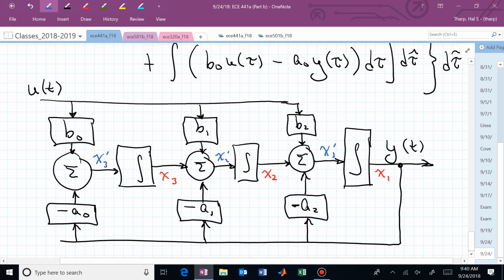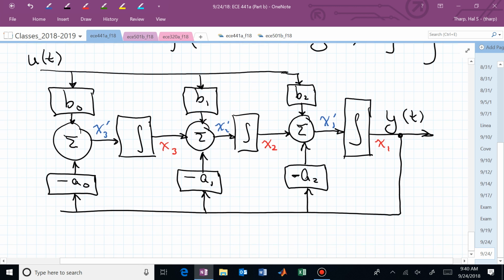Here it's the first derivative of x sub 3. And now I actually have a strategy for writing equations for x1 prime, x2 prime, and x3 prime in terms of x1, x2, x3, and u. What is x1 prime?